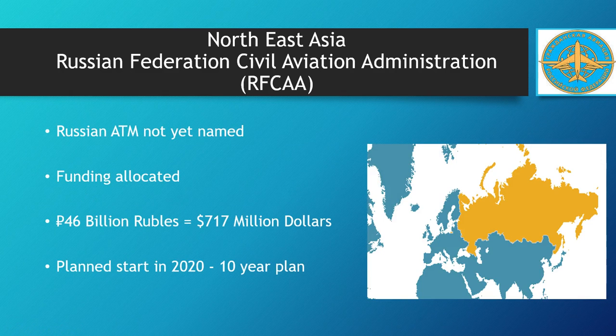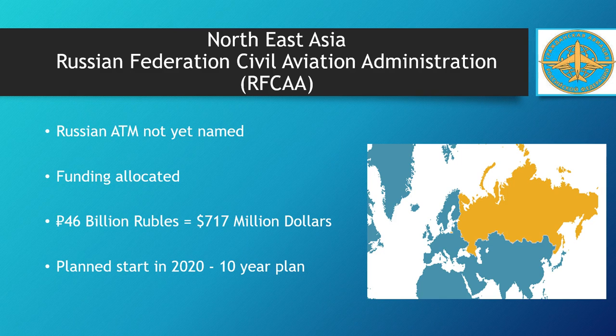In Northeast Asia, Russian Federal Civil Aviation Administration, also known as Russia's Federal Air Transport Agency, is a laggard, as it has not yet started developing a new ATM system.